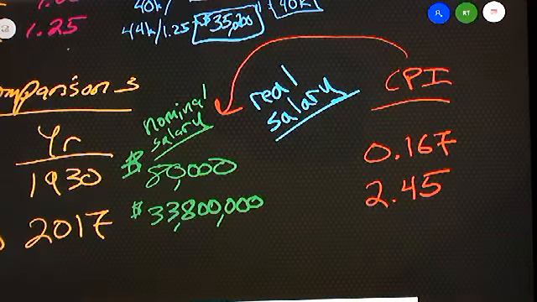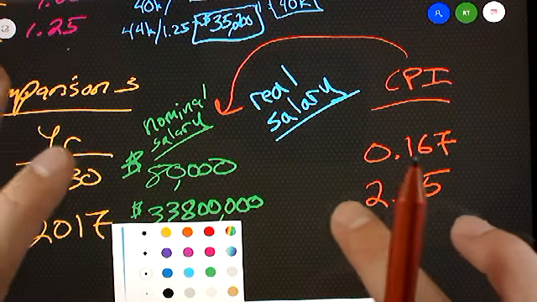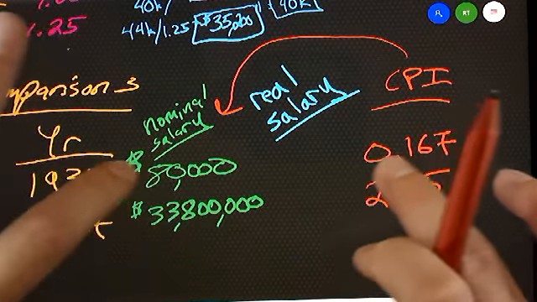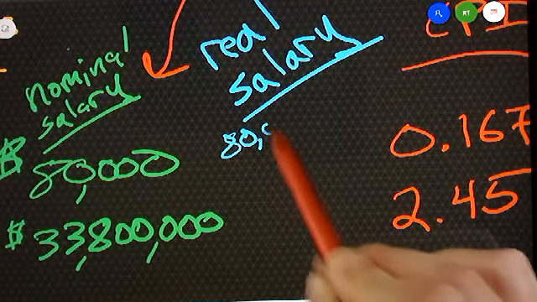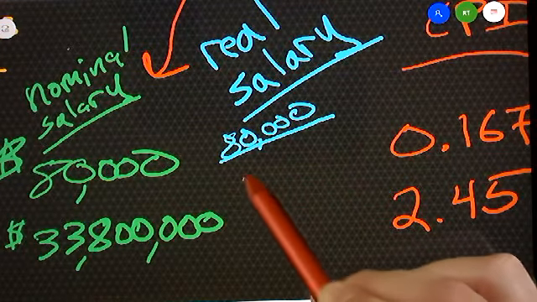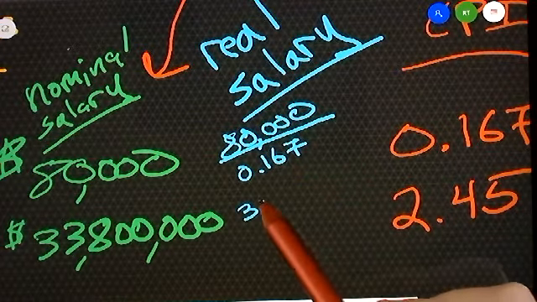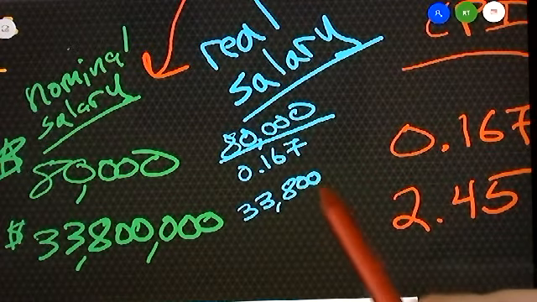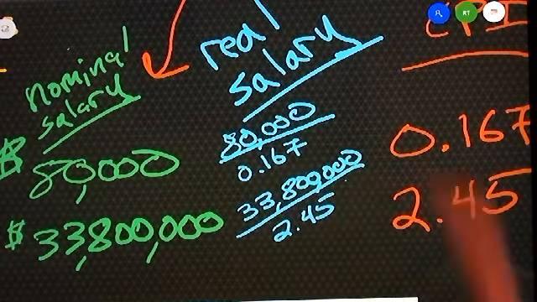Well, we're going to take 80,000 and divide that by 0.167. And we're going to take 33,800,000 and divide that by 2.45.